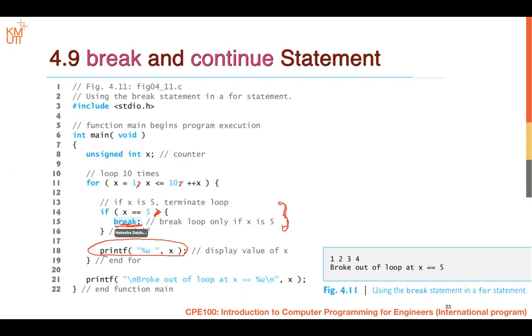Break in this case means exiting the inner for loop, while loop or switch case. When you see break here, it will go out of the for loop. So this program will print 1, 2, 3, 4, and 5 will not be printed. Step out of the loop and then print out here. This is what the break means.